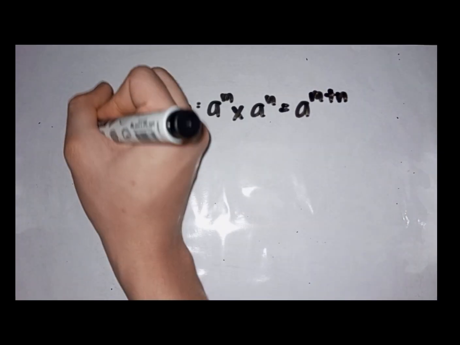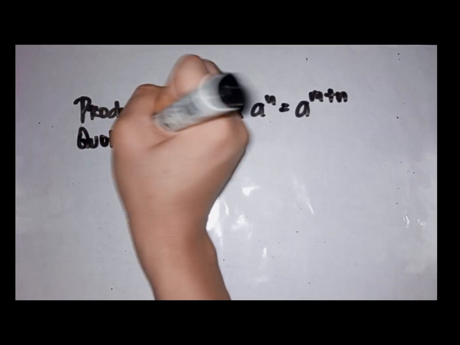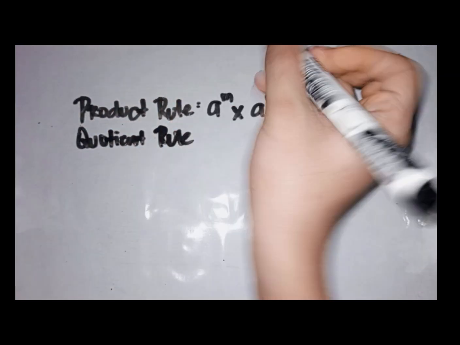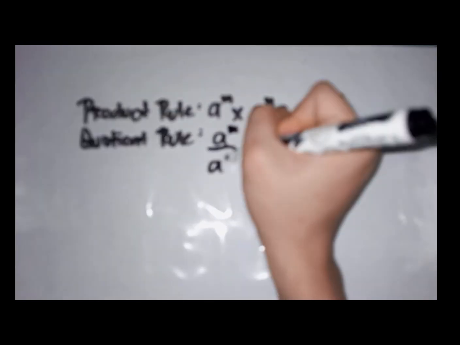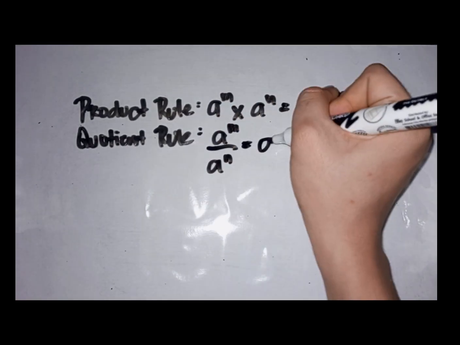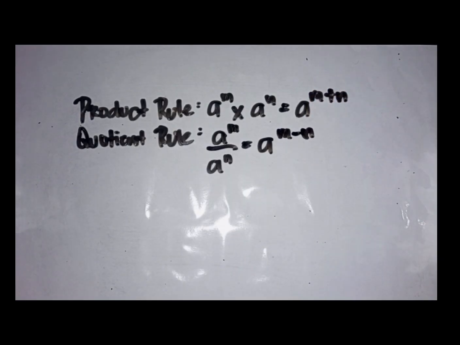Our formula for the quotient rule is a raised to m over a raised to n is equal to a raised to m minus n. Okay, we subtract.